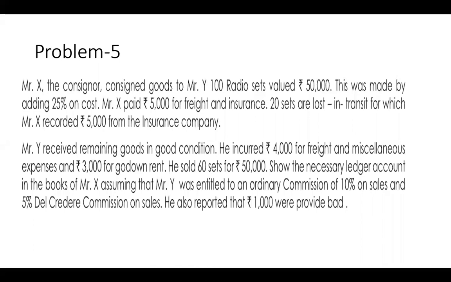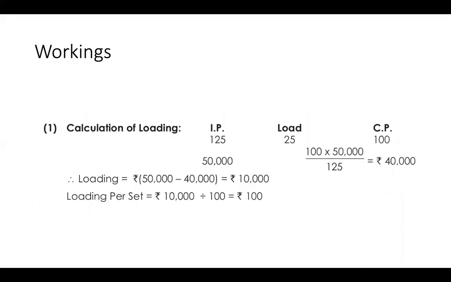So let's come to it, we need to have some workings, will come one by one. 50,000 onwards will come, right? Yeah, 50,000. Now, number one, to calculate the profit loaded. What's the cost price?